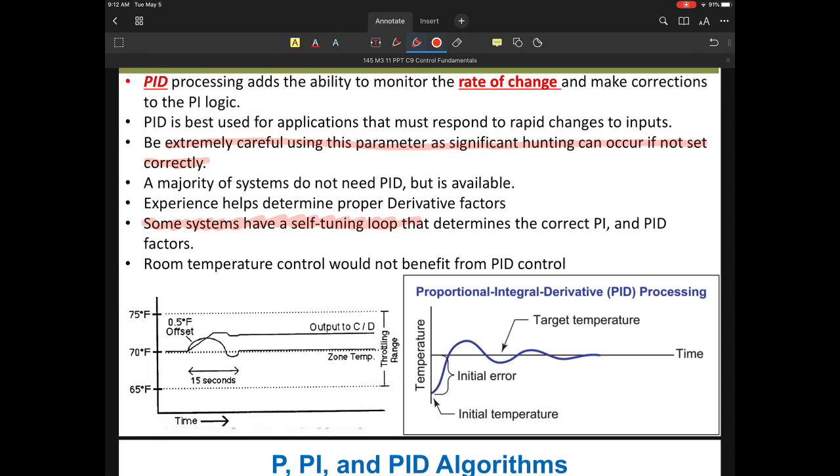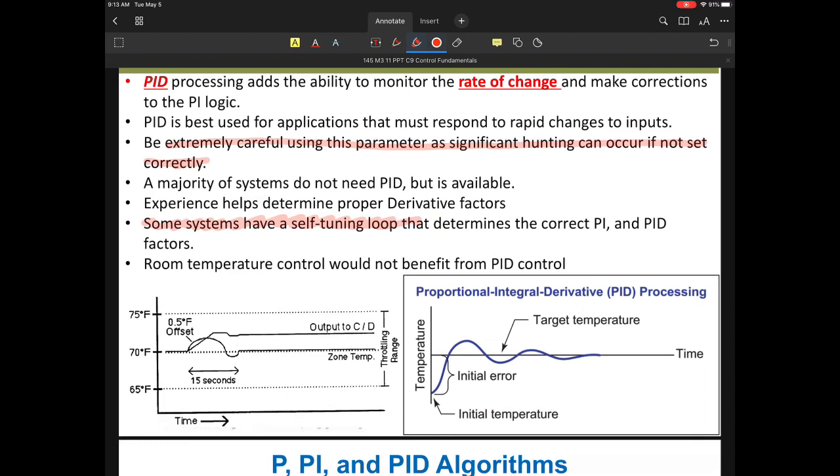Then it would measure how much of a change and how fast did it change, all at the same time. So it knows the output, it knows what the valve is doing, and it's trying to learn how to automatically calculate the derivative and the integral function.